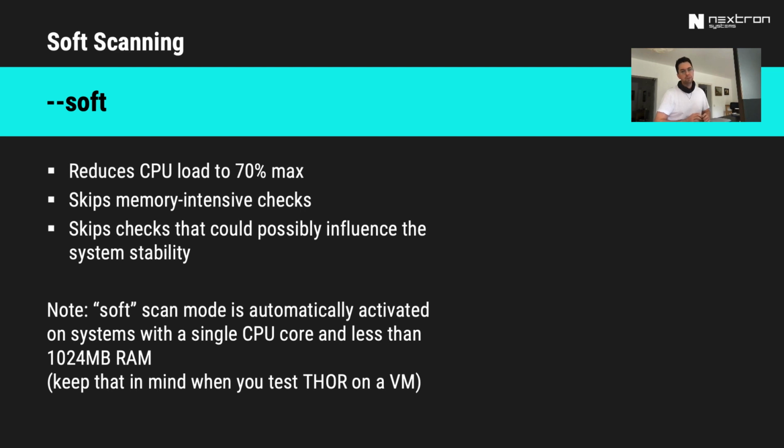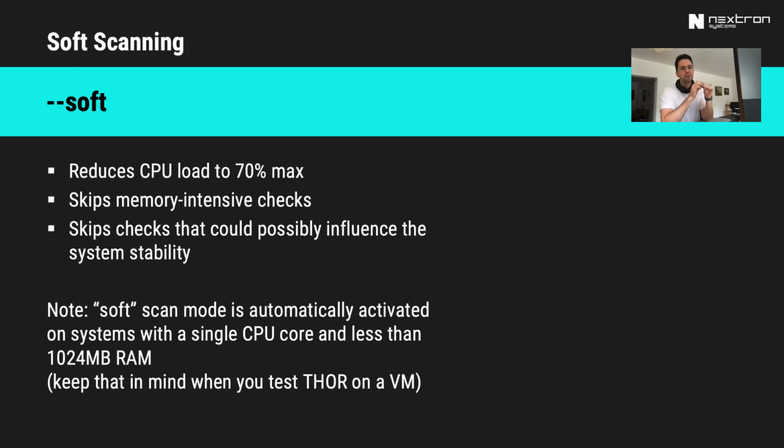It skips memory intensive checks, and it also skips checks that could possibly influence system stability. You should also know that soft mode gets automatically activated on systems with only one CPU core or less than 1 GB of RAM.